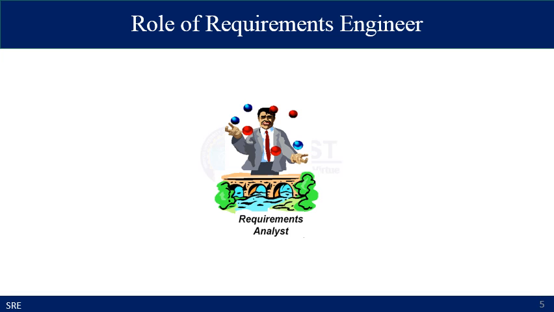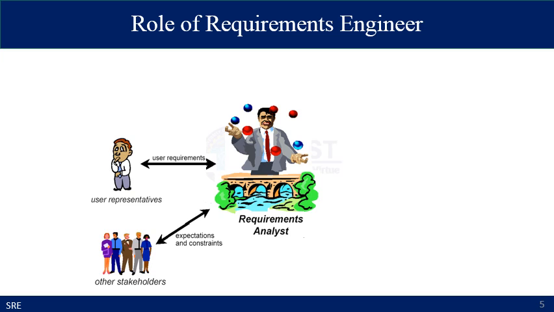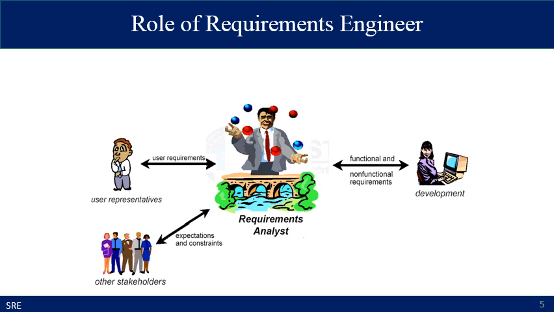Requirement analysts or requirement engineers play a fundamental role in developing and managing the needs of different stakeholders. At the initial point, the requirement engineer or requirement analyst is responsible for meeting the needs of the users and conveying these needs to the development teams, along with managing the expectations of many other stakeholders.